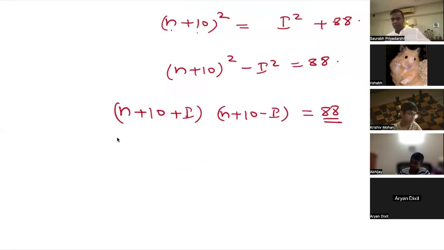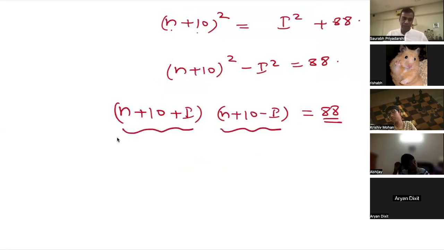Now, the product of two positive integers is 88. I can factor this as 1 and 88, 2 and 44, 4 and 22, and 8 and 11.